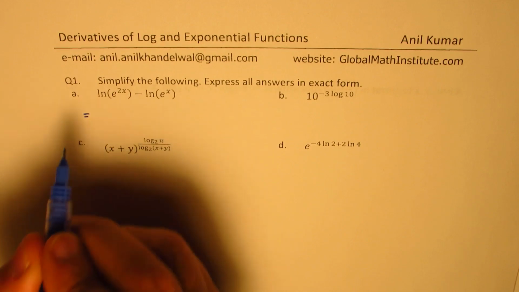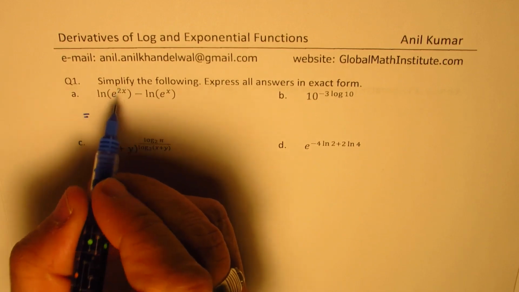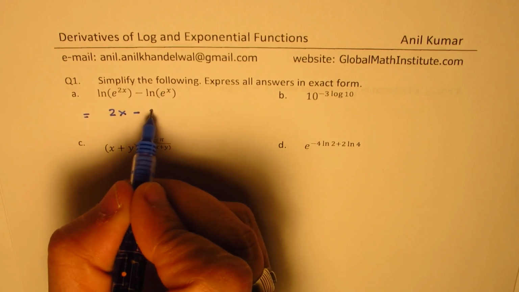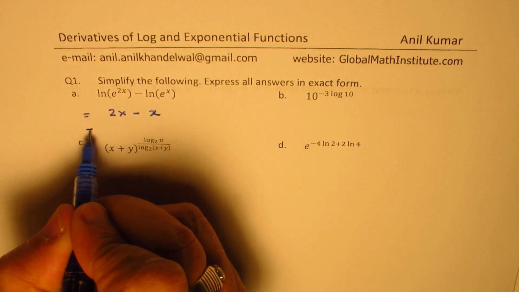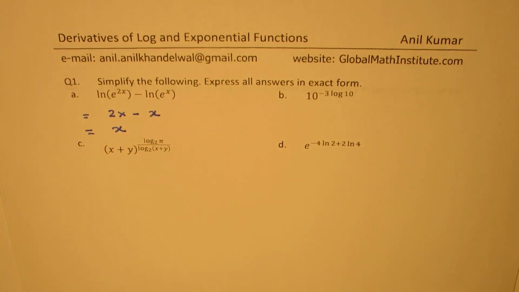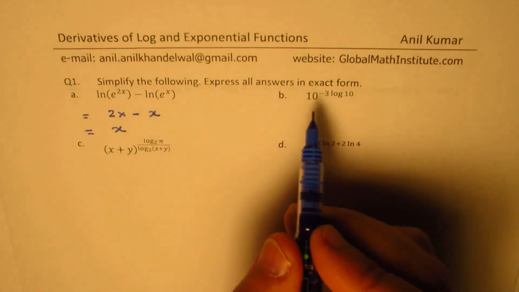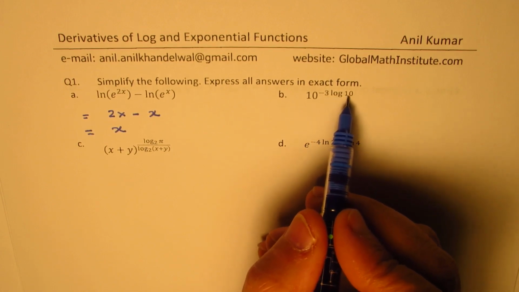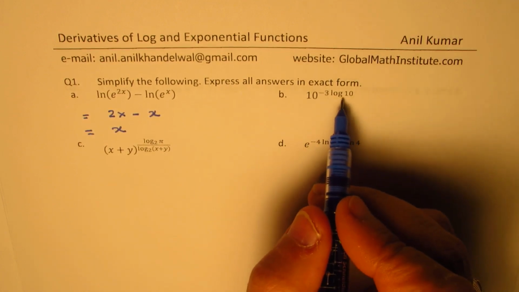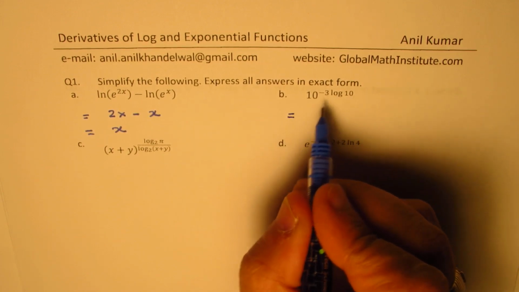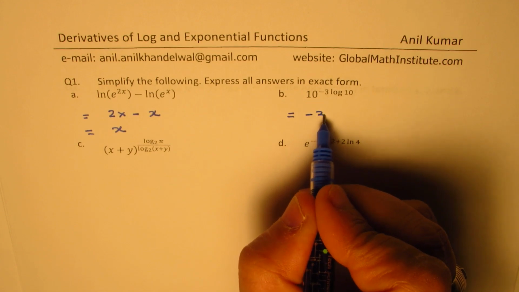Well, using the rules, we get ln e to the power of 2x is 2x, minus ln e to the power of x is x. So we get 2x minus x as x. Done. The second one here is 10 to the power of minus 3 log 10. So the base is 10 here, right? So clearly, using our rule, this is equal to minus 3.